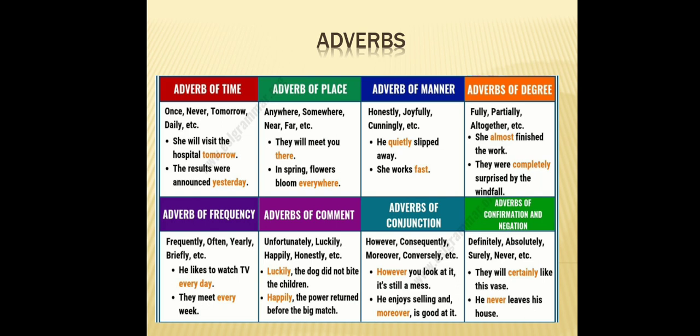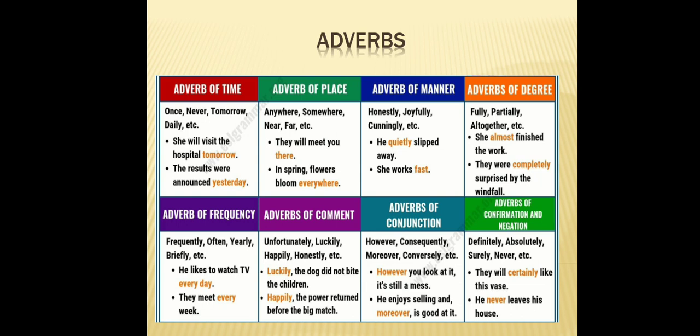Adverbs of time and frequency indicate the time or frequency of the action in the sentence. They answer the question: when, or how frequently, is the action performed? Adverbs of place and direction indicate the place or direction of the action. They answer the question: where is the action performed?